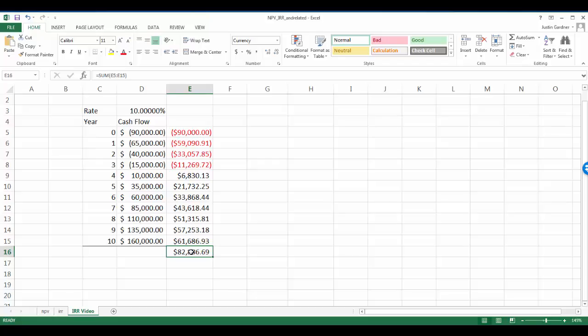So basically what this is saying is that if we expect a 10% interest rate, we need a 10% rate of return, this investment's going to give us a 10% rate of return plus $82,000 on top of that. So just to clarify, if our goal is to get a 10% rate of return, this investment in front of us will get us that 10% rate of return, and it'll beat that rate of return by almost $83,000.